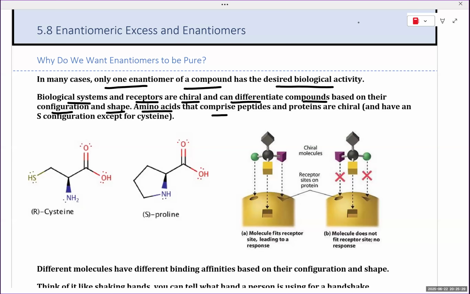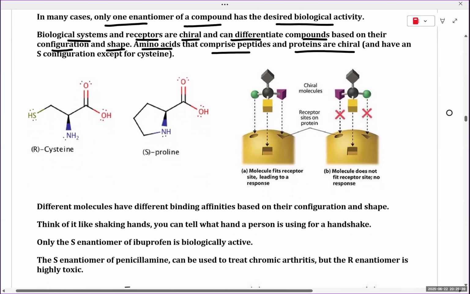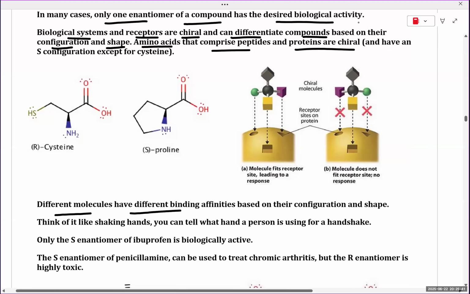Amino acids that comprise peptides and proteins are chiral. You can think of it almost like a lock and key model, where different molecules have different binding affinities based on their configuration and shape. Only specific configurations, only specific shapes can efficiently bind to and interact with specific receptors.